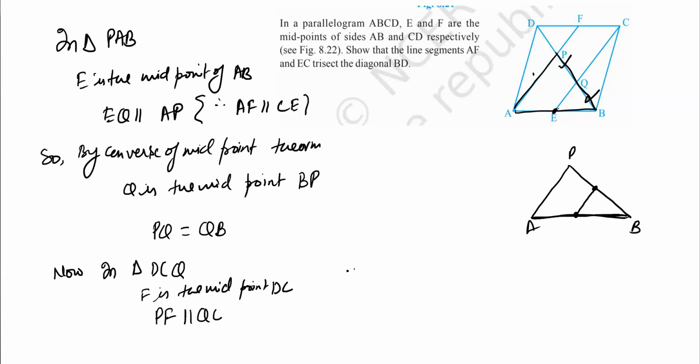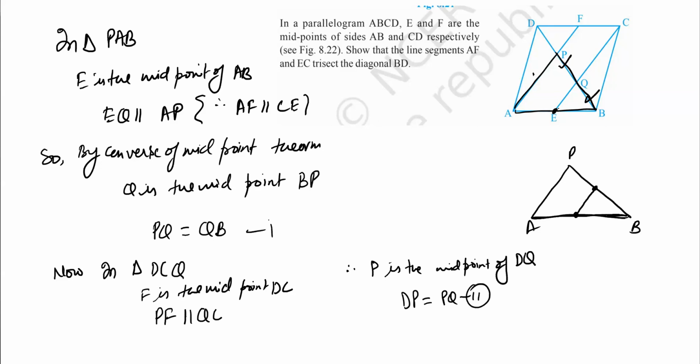Therefore, what can we say? P is the midpoint of DQ. Therefore, we can say that DP is equal to PQ, this is the second equation.